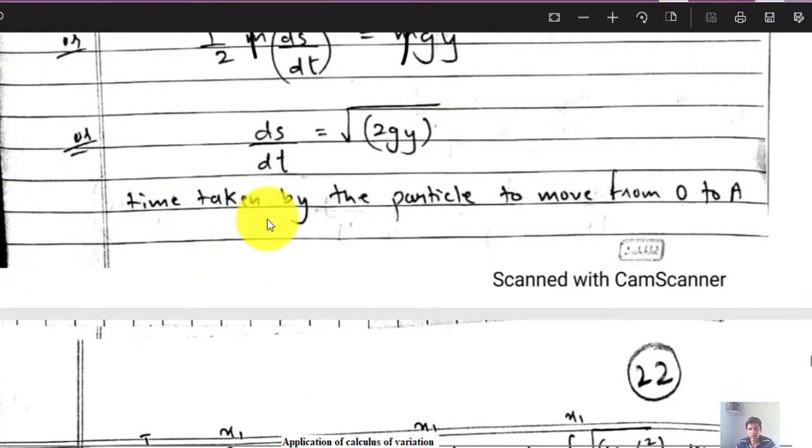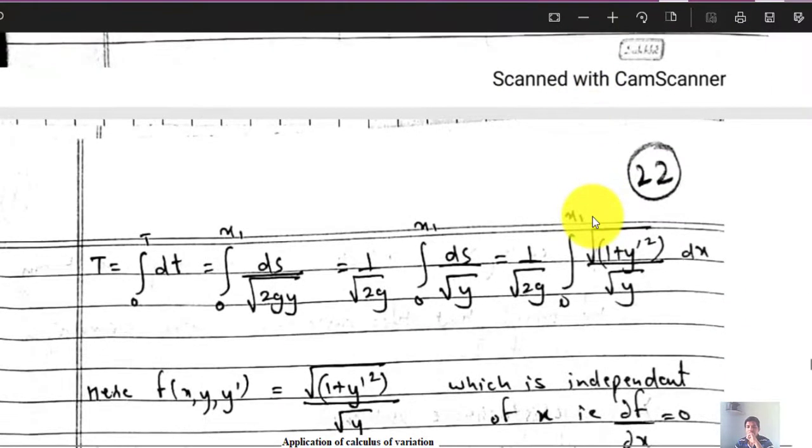Now the time taken by the particle to move from 0 to A: the time is the integral of dt over 0 to T, which is the integral from 0 to x1 of ds divided by the square root of 2gy.